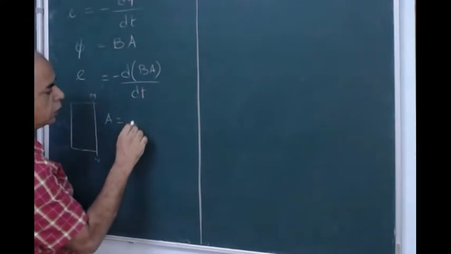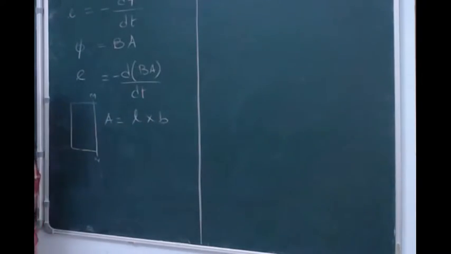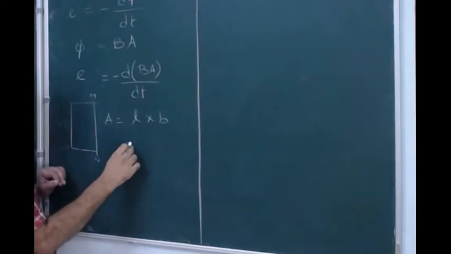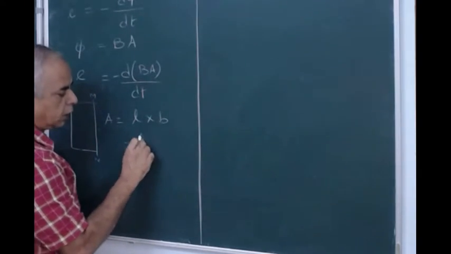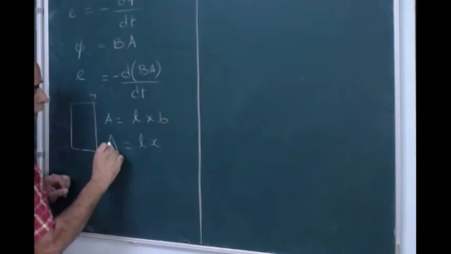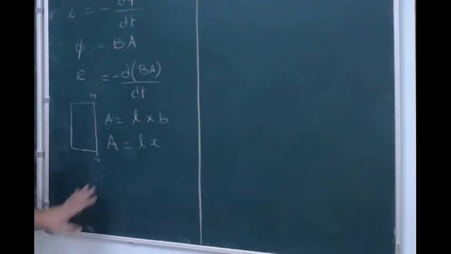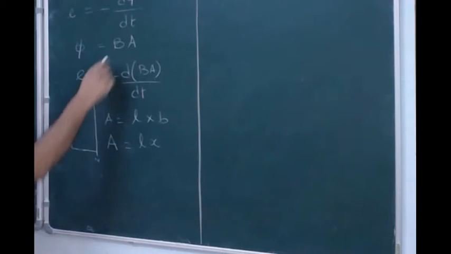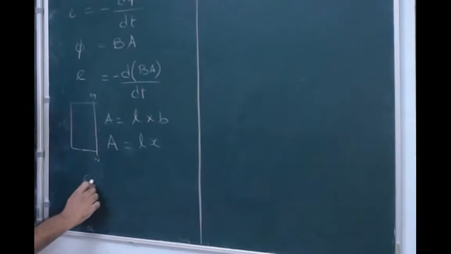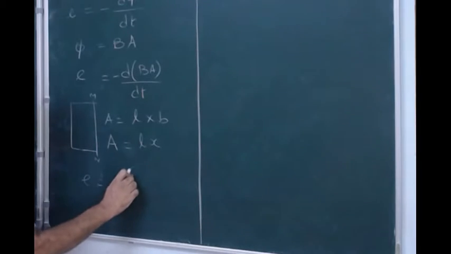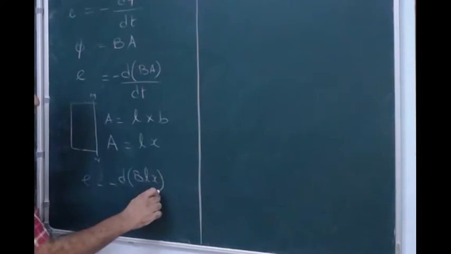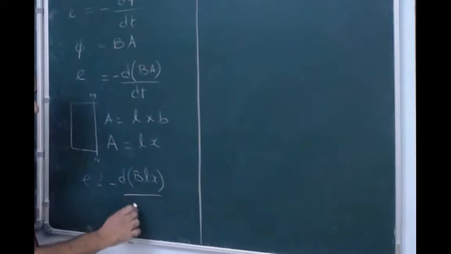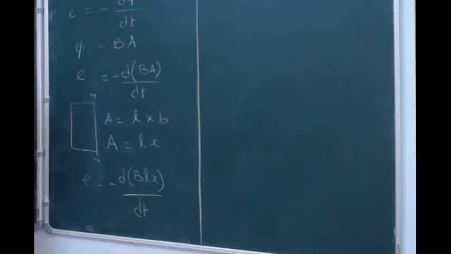Here the length of the rod is L, and the movement can be called the width or breadth, so L into X. That is A. Now let us substitute. E is equal to minus d of B into area, L into X, whole divided by dt.